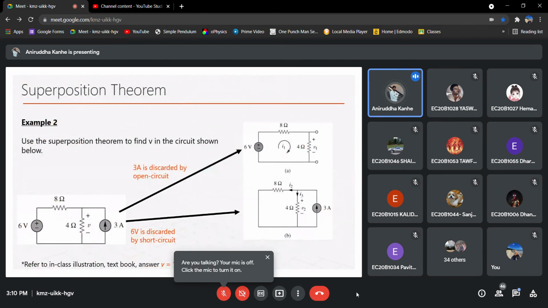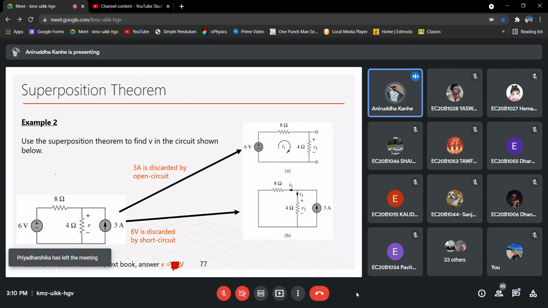Now let's go to one more question. This is again a superposition theorem example.